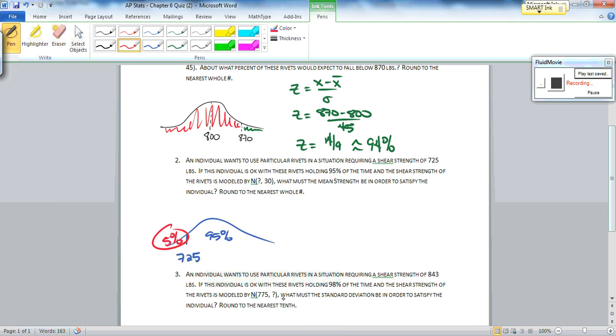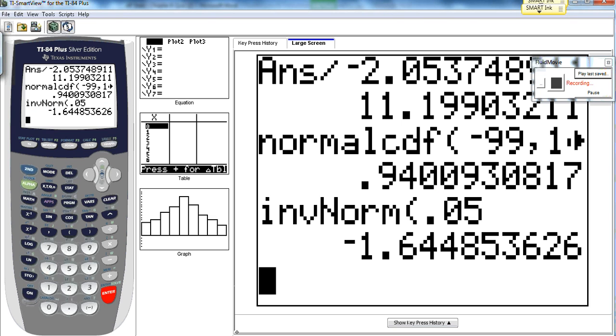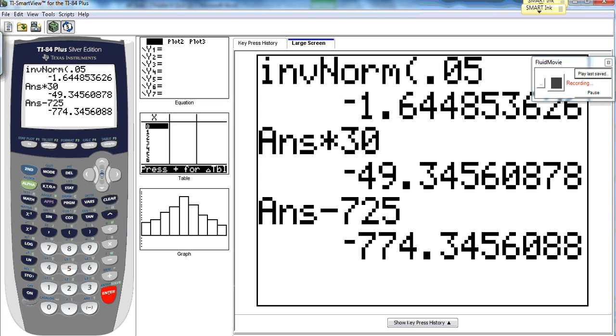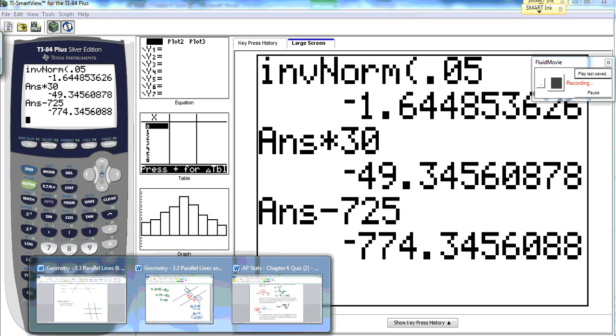So that's the z-score that we should have used. Negative 1.6 equals, we're looking for a mean, so 725 minus that mean divided by our standard deviation of 30. So what we would do is multiply this value by 30, subtract 725, and then divide by negative 1. So we get approximately 774 pounds.